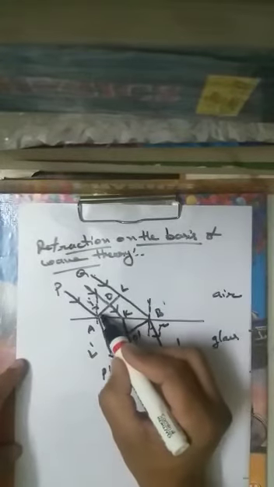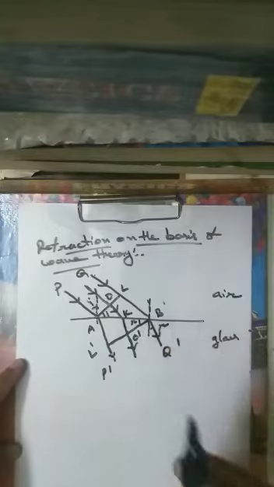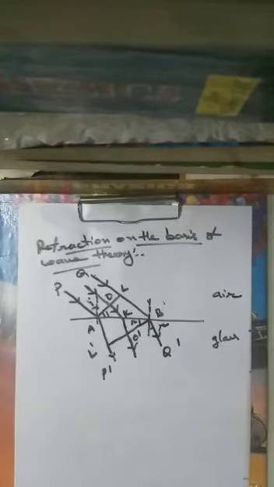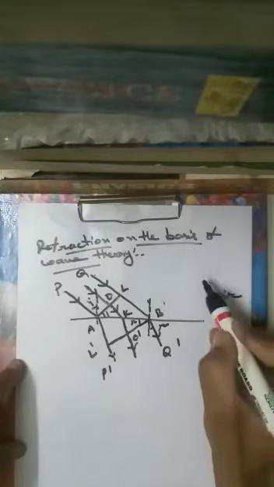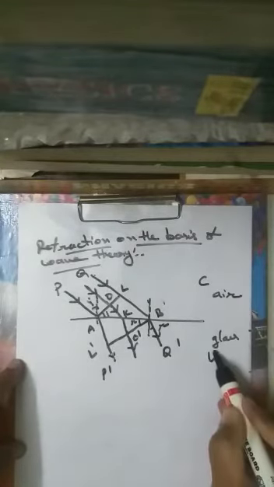This angle became I and this angle became R. We assume the velocity of light in air is c and the velocity in glass is v.